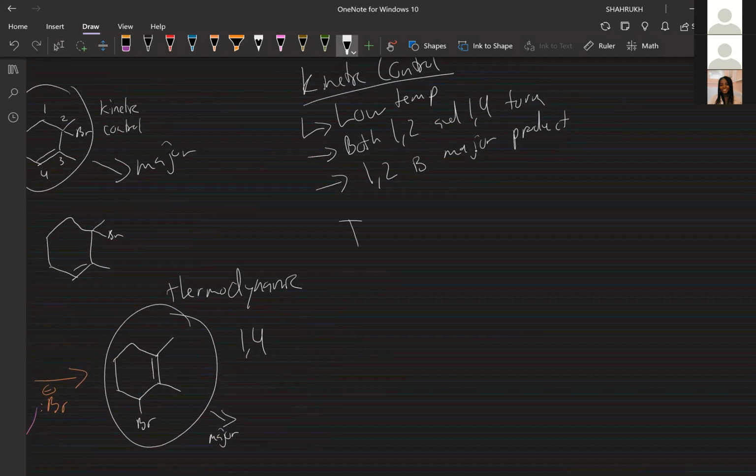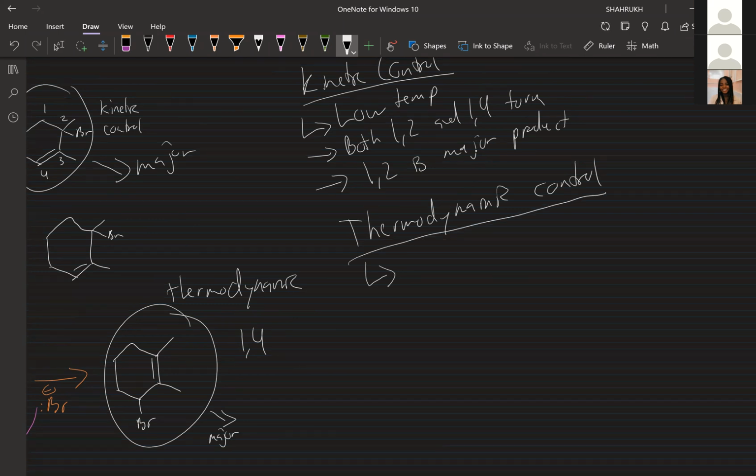So now let me write thermodynamic control, which is the same thing. So this is at higher temperatures. Just write room temperature to 40 degrees, depending on what you might see on your exam, right? Both, once again, both the 1,2 and 1,4 form.